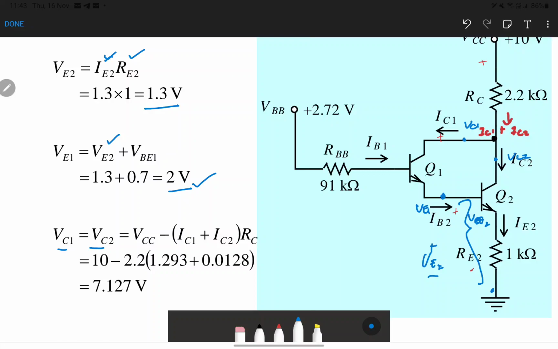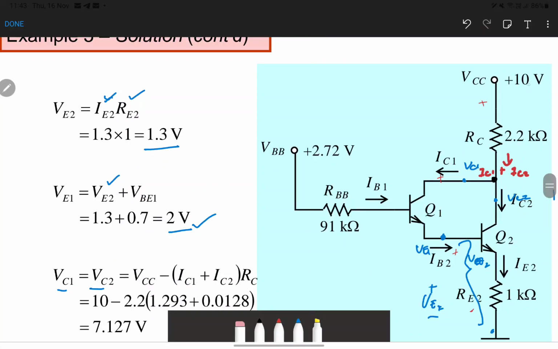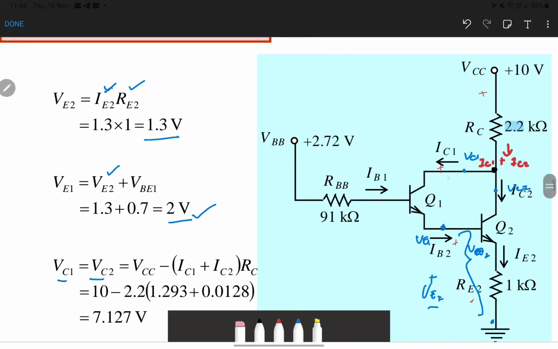So VCE1 and VCE2 is the balance voltage from the total input minus the voltage drop at RC. So what is the voltage drop at RC? We name it VRC.